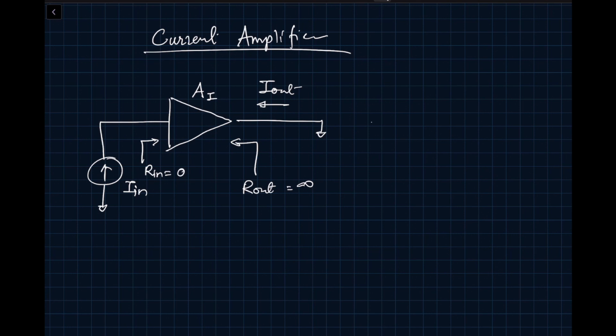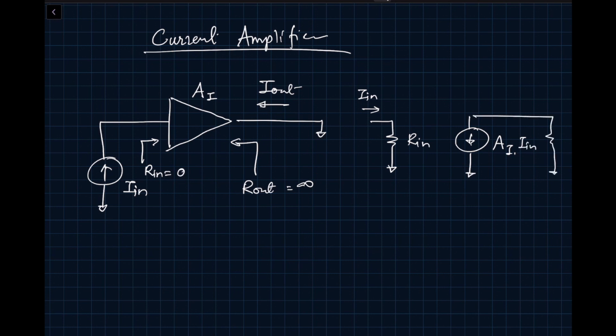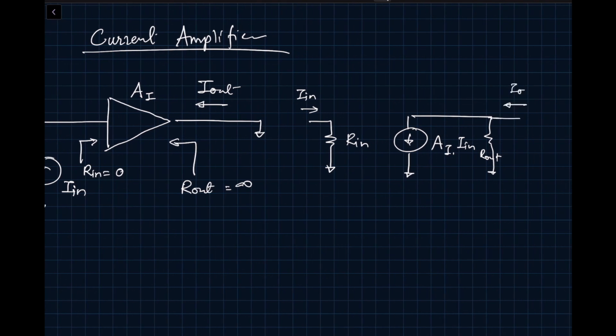And the realistic model will look like this. I in, Rin, and here is our output current source, AI times I in, and here is our Rout. And this would be I out. This is the realistic model for current amplifier.